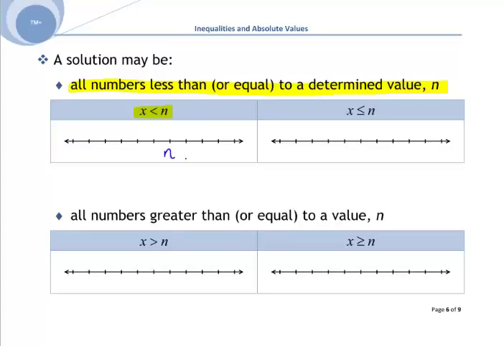So just pick a point where I want it. x can't equal n, it is less than n. So I'm going to put an open circle, meaning that n is not included. But x can be anything less than it. So it's that side there. An open circle means the value is not included.